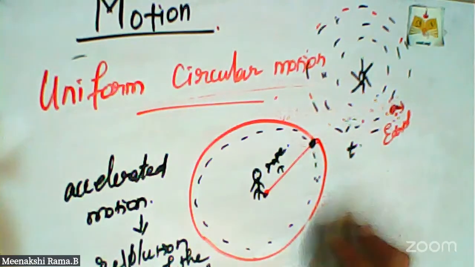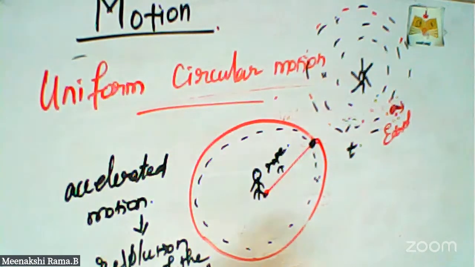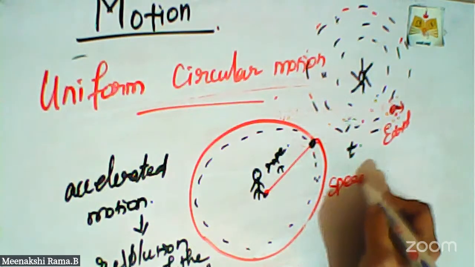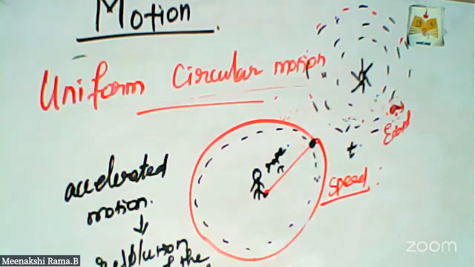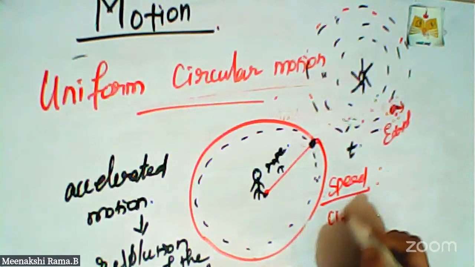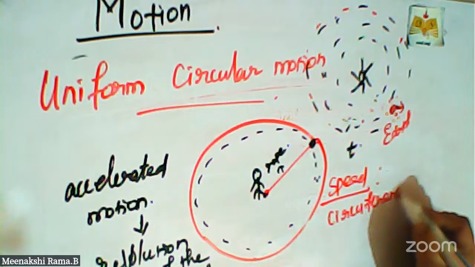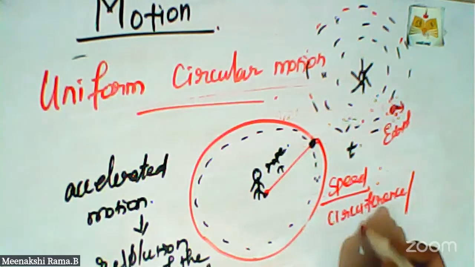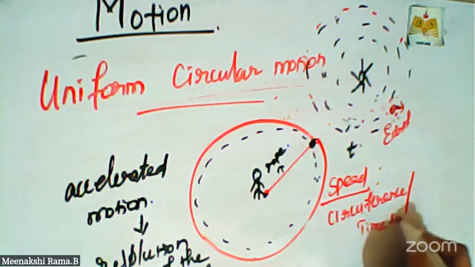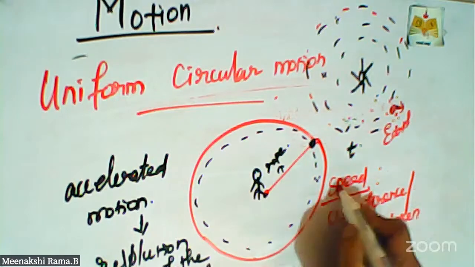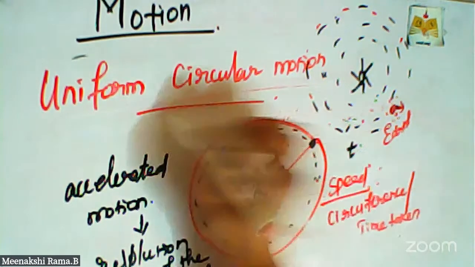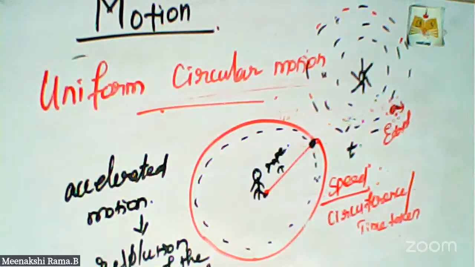How can we calculate the speed in circular motion? Circumference by time taken is the formula to calculate the speed in uniform circular motion.